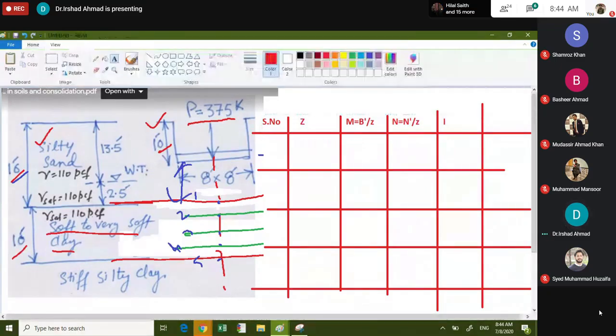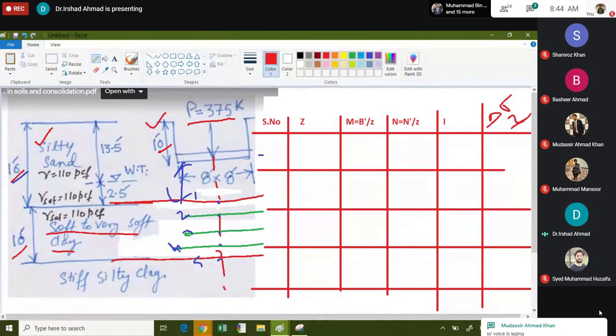This one is delta sigma Z, which is equal to, very difficult to write. Just a minute. Let me write it for you.